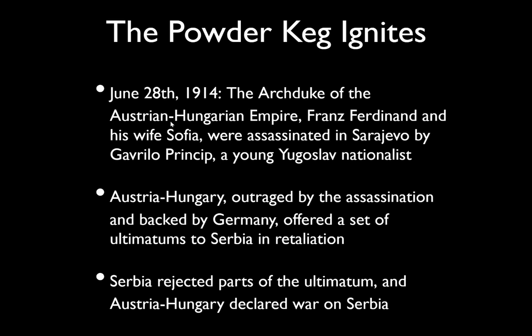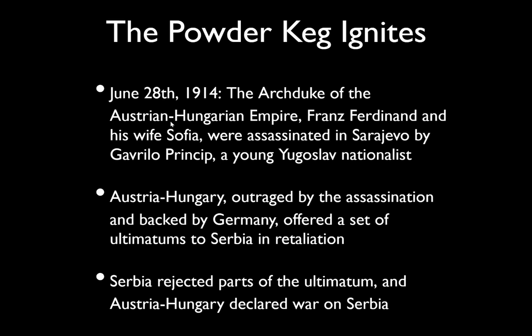He was assassinated. Now, obviously, this is outrageous, right? The heir apparent got assassinated. His pregnant wife was also a victim. And so Austria-Hungary is very mad. And they feel emboldened because Germany is saying, we got your back, Austria-Hungary. Don't let them punk you. You got to stand up for yourself. So Austria-Hungary says, all right.